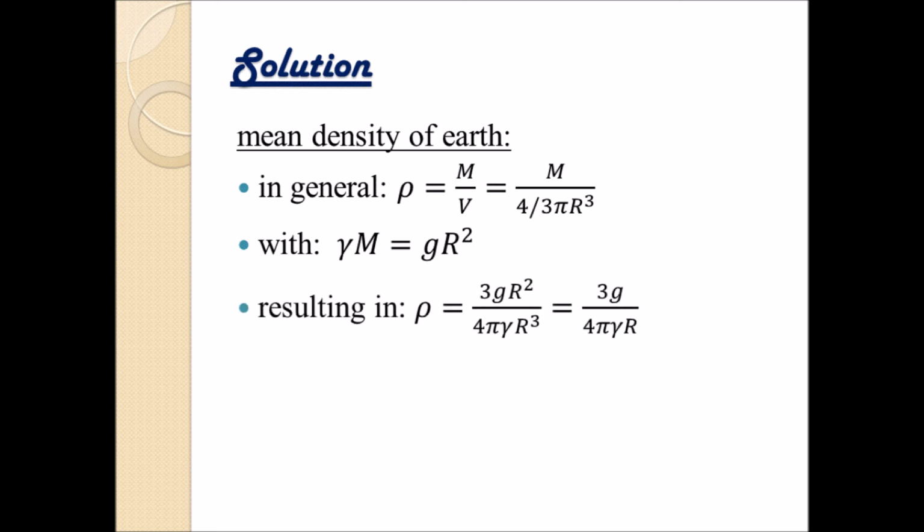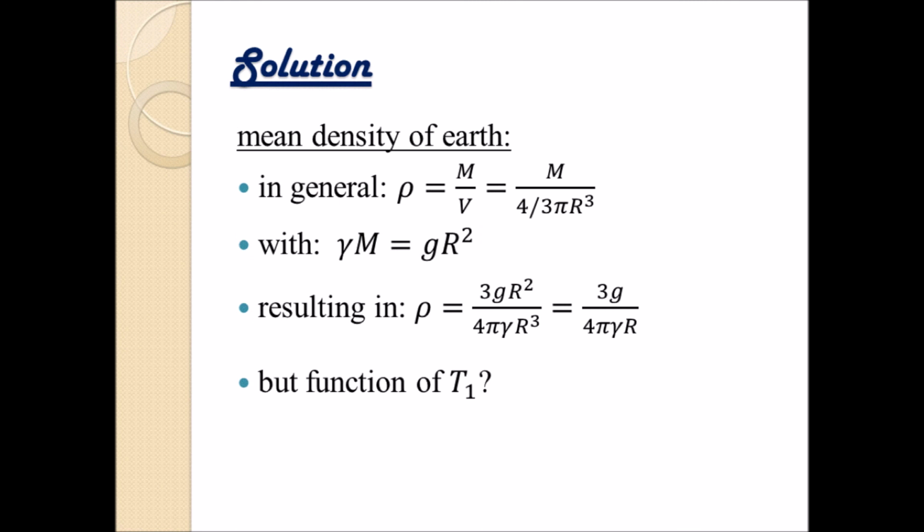Then we get that the density rho equals 3 times g times r squared divided by 4 pi gamma r cubed. Or in a simplified way, rho equals 3g divided by 4 pi gamma r. But this is still not helpful, right? Because there's still no T1 in this equation.